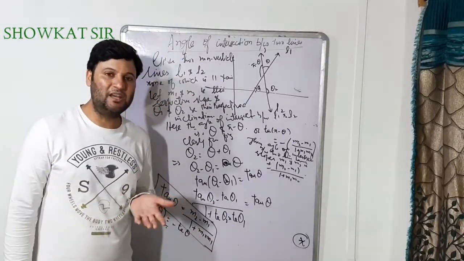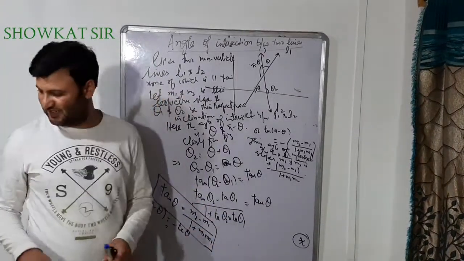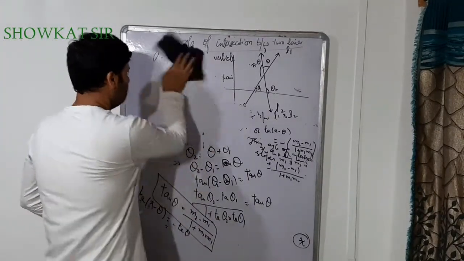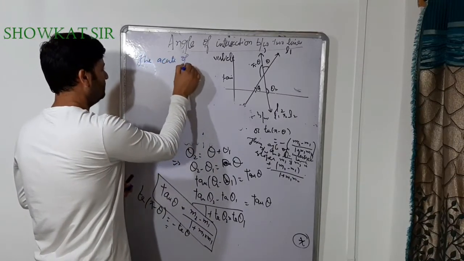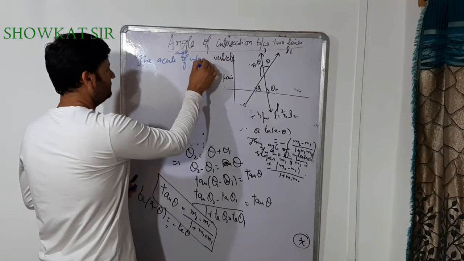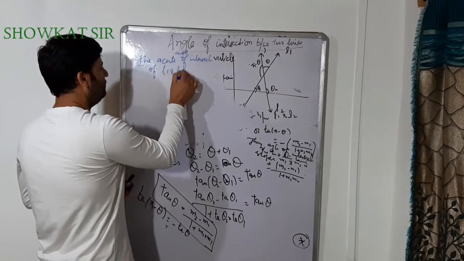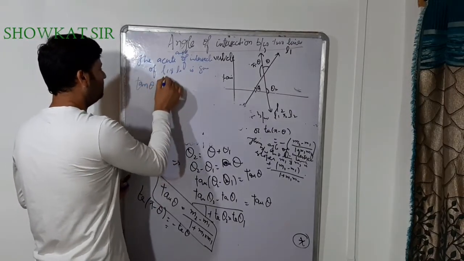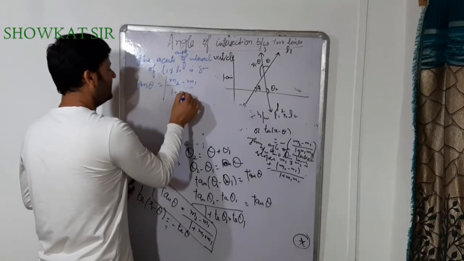And if we want to determine the acute angle of intersection of L1 and L2, it is given by tan theta equal to the absolute value of M2 minus M1 divided by 1 plus M1 M2.